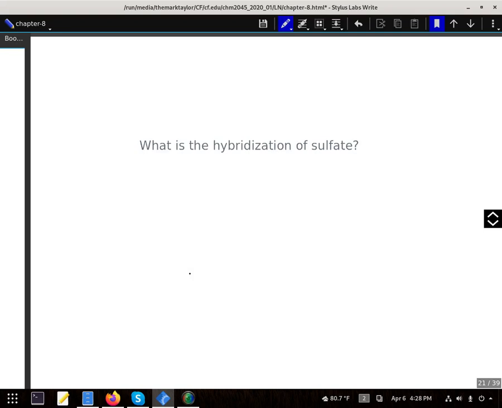All right, let's figure out the hybridization on something. If it is just a sulfate ion, our first step is to figure out the Lewis structure of sulfate. Valence electrons all together, that'd be 32. We've done this one a few times.